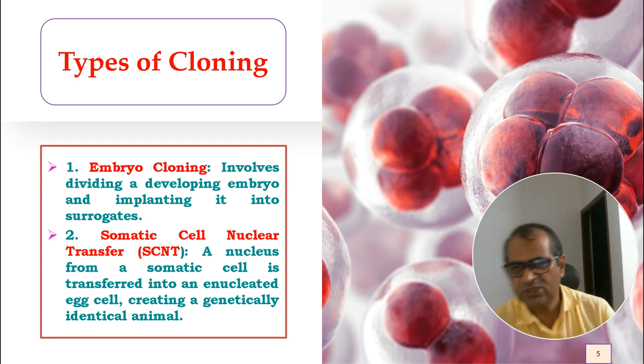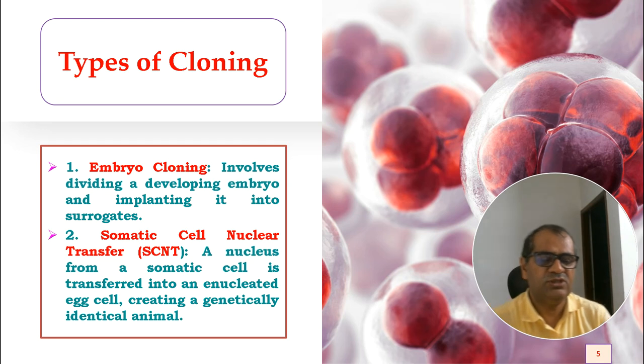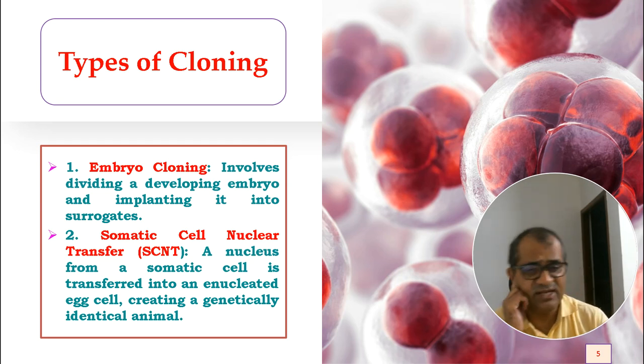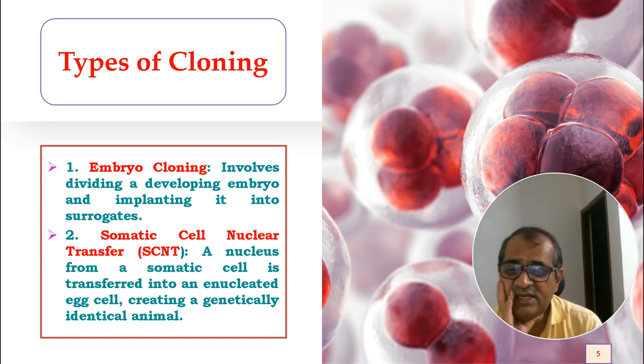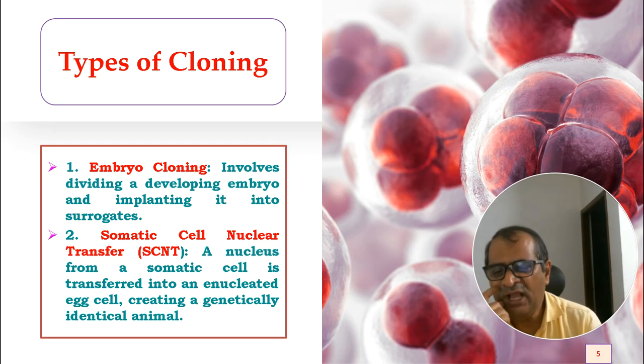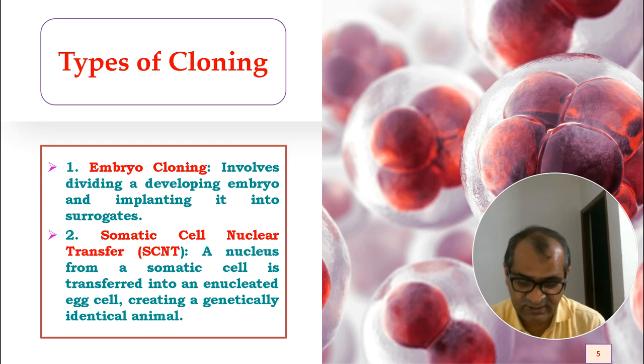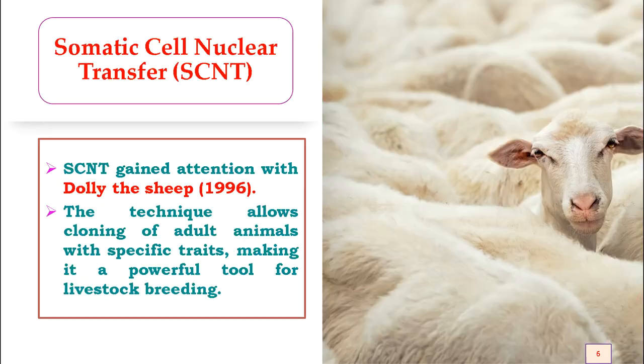The types of cloning: number one is embryo cloning, which involves dividing a developing embryo and implanting it into surrogate mothers. Somatic cell nuclear transfer, or SCNT, is another type, wherein a nucleus from a somatic cell is transferred into an enucleated egg cell, creating a genetically identical animal.